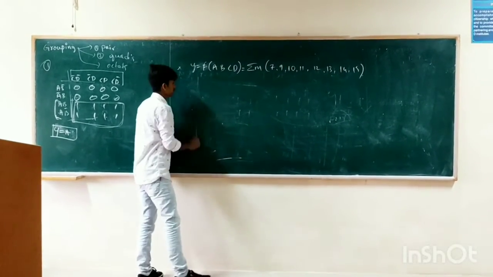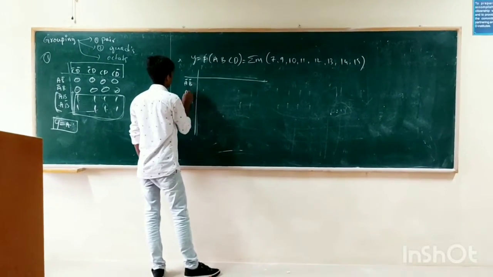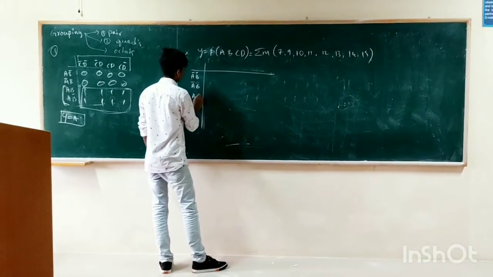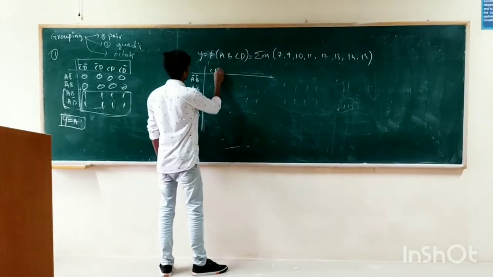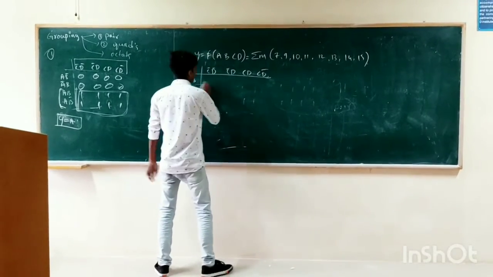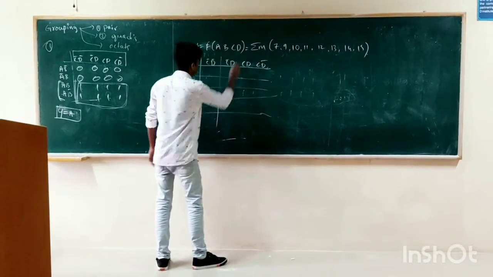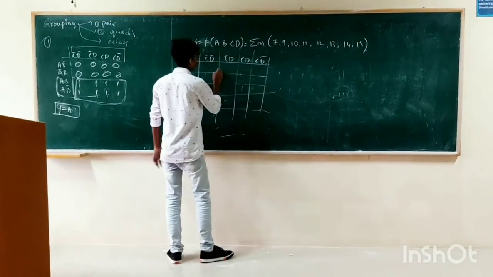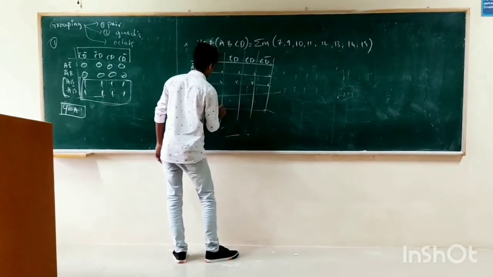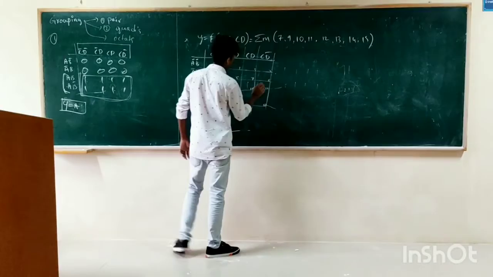We are going to write now A bar B bar, A bar B, A B, A B bar, C bar D bar, C bar D, C D, C D bar, and the decimal equivalents of each position we know already: 0, 1, 2, 3, 4, 5, 6, 7, 8, 9, 10, 11, 12, 13, 14, 15.